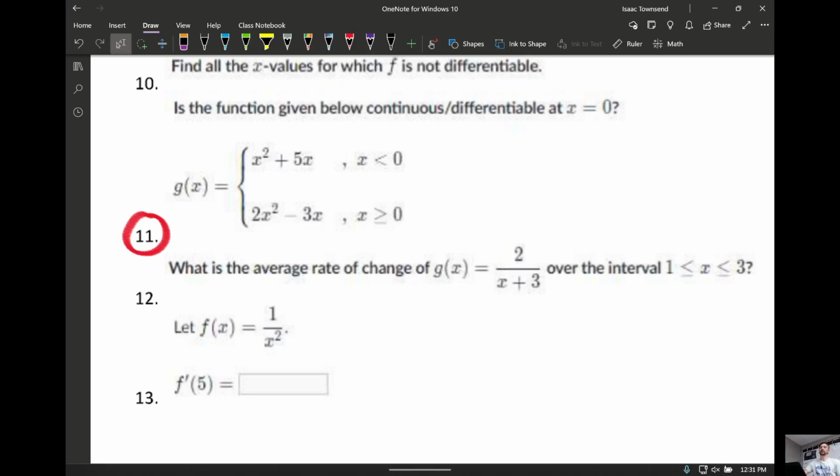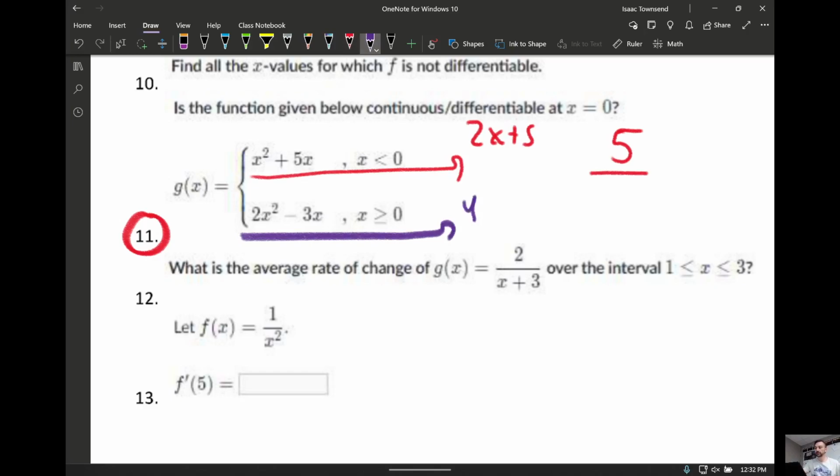Okay, so basically what you should be testing is to make sure there's not a cusp at x equals 0. So you need to know the slope right before x equals 0, which you're going to get from the derivative. At 0 it would be 5. You need to know the slope right after 0, which you also have to get from the derivative, which is -3.